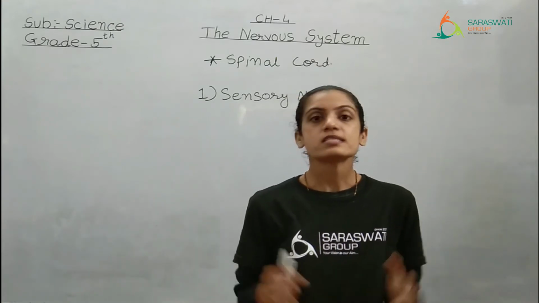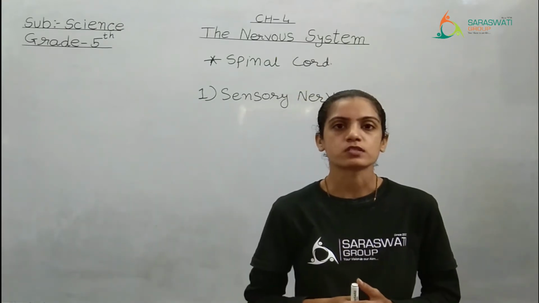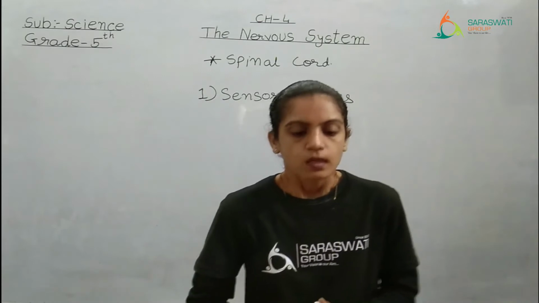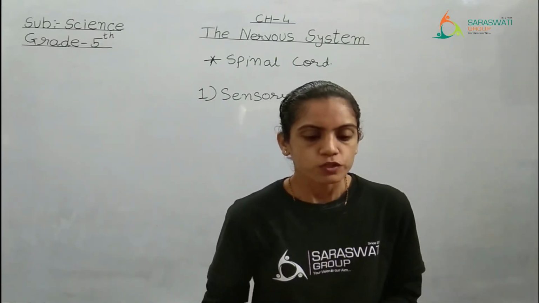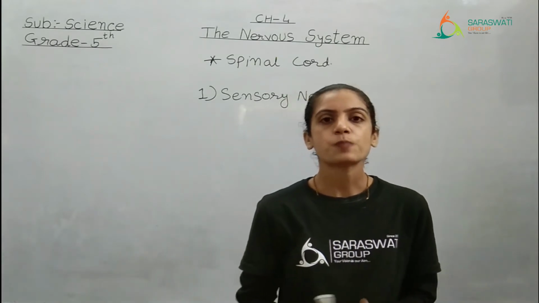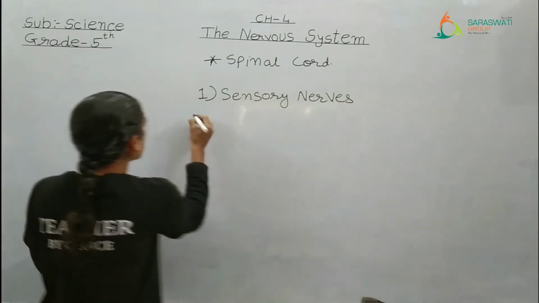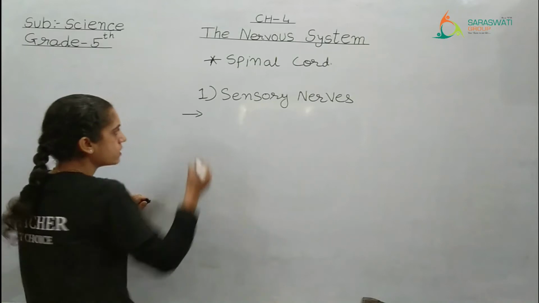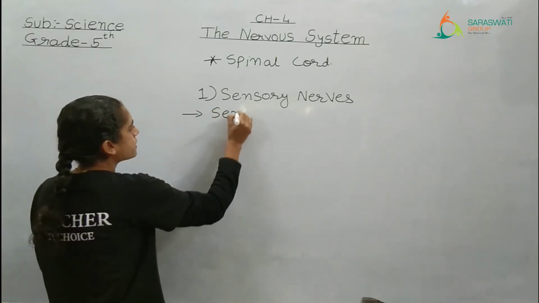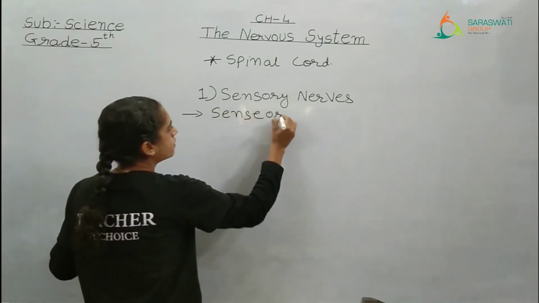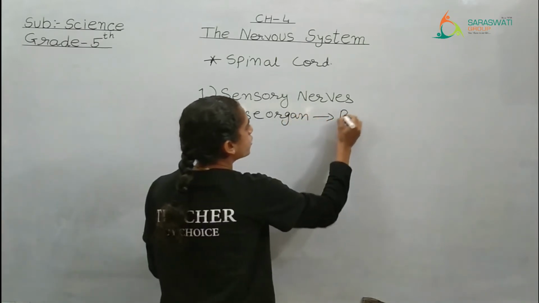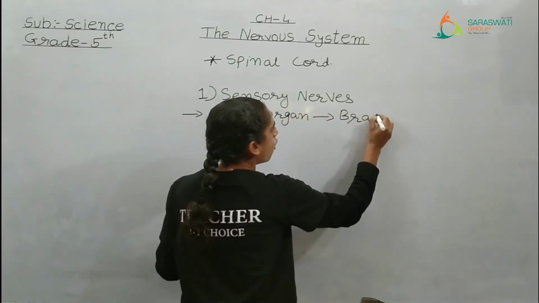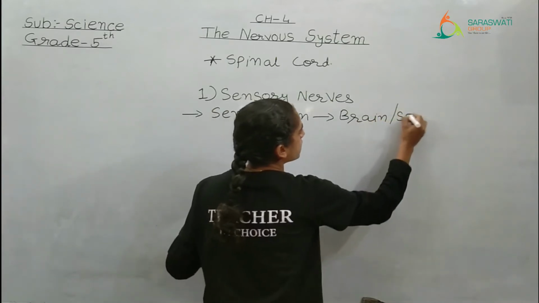Right? What is the main function of sensory nerves? See here. They carry messages from the sense organ to the brain or the spinal cord. So the function of the sensory nerve is that it takes the message from sense organ and will pass that message to the brain or to the spinal cord.